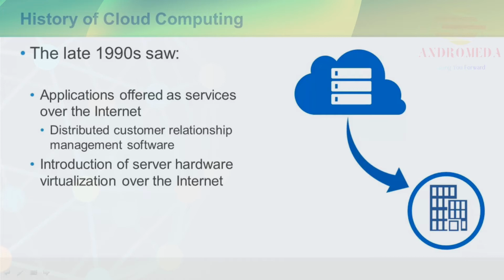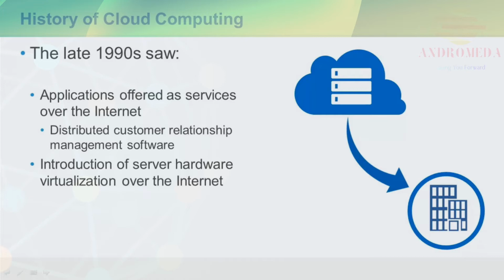So it went from centralized on the mainframe to a client-server model to distributed across multiple locations, but those multiple locations were still under your control in your organization. Offering it as a service means that the vendor themselves or somebody else that is simply reselling it, they are running the application and you simply access it over the internet. So, in essence, you can subscribe to the services that are provided by somebody else. And again, distributed customer relationship management software was one of the early examples.